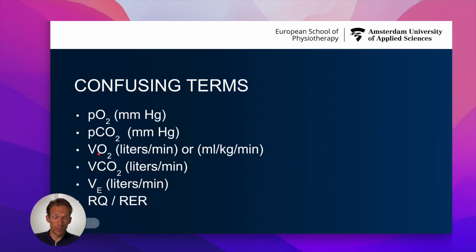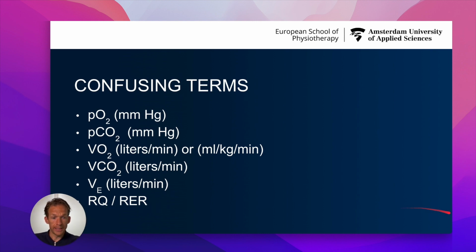VCO2 is similar to VO2, about the volume of CO2, in this case the volume of CO2 that you put out again in 1 minute because of your expiration. Again, that's expressed in liters per minute. And finally, the minute ventilation is VE, that we've covered also in earlier videos, and that is expressed in liters per minute. The last one is actually a ratio, RQ or RER.